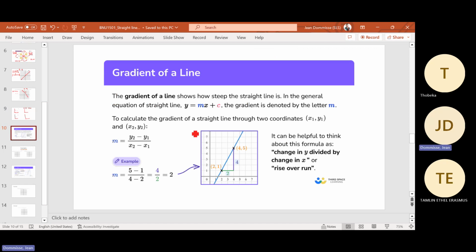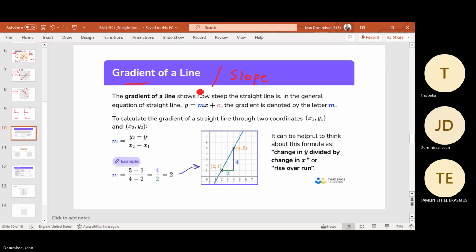Then the one where we need to nearly calculate the gradient or the slope. So again, we can call it gradient, we can call it slope. They again will use it interchangeably in your assignments and in the exam. So just remember, gradient and slope is exactly the same.